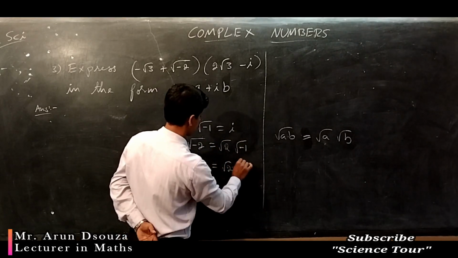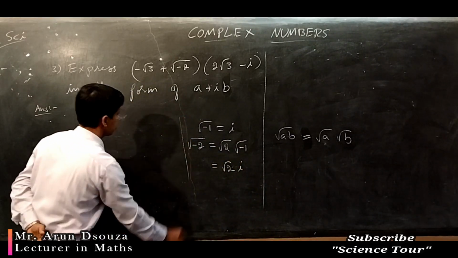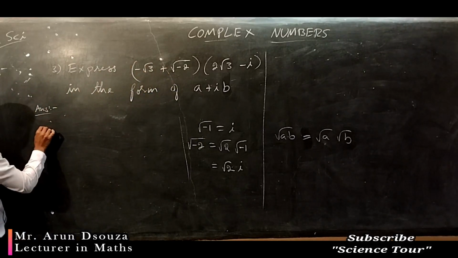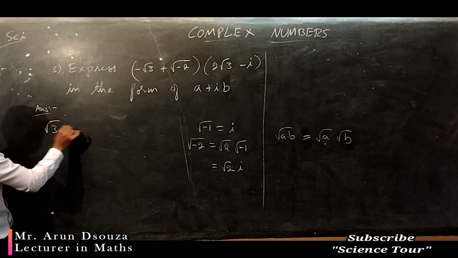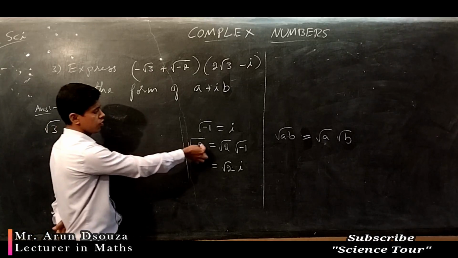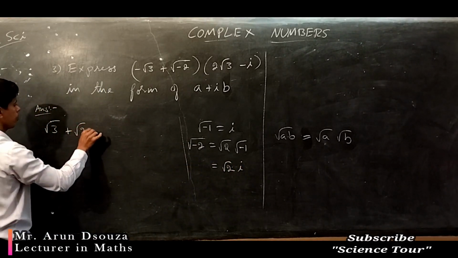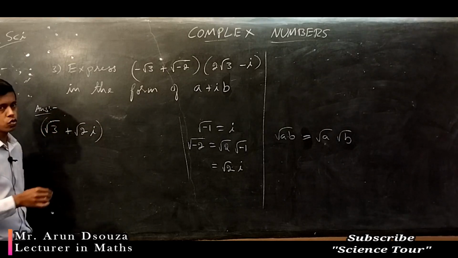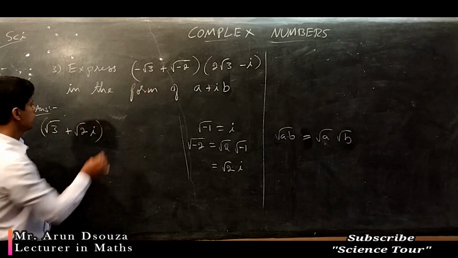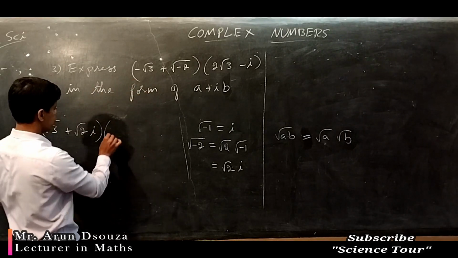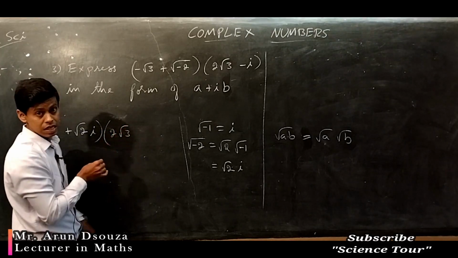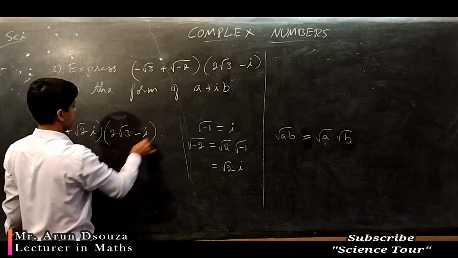That is I. So this is what you must write there. So square root of 3 plus, what is square root of minus 2? Root 2 into I. So root 2 into I, and into you have 2 root 3 minus I.